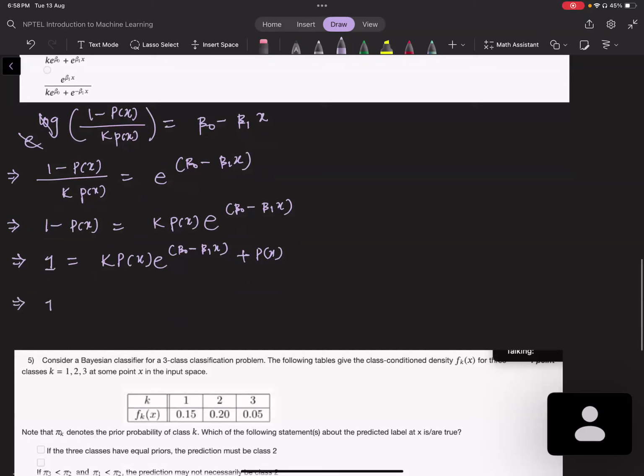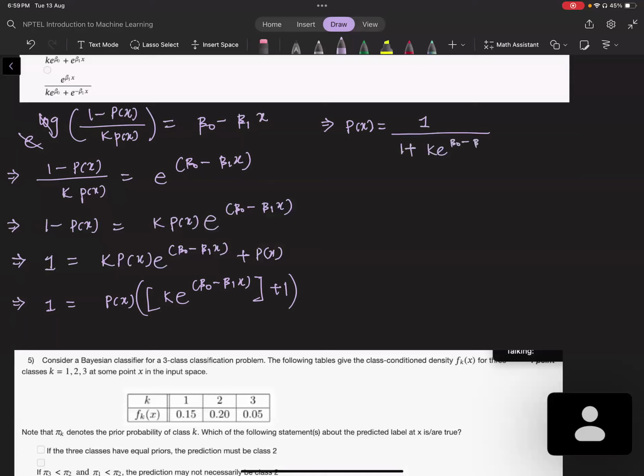That implies 1 equals, take p of x as common, then it will be k e to the power beta 0 minus beta 1x plus 1. Okay, that implies p of x will be equal to 1 by 1 plus k e to the power beta 0 minus beta 1x.